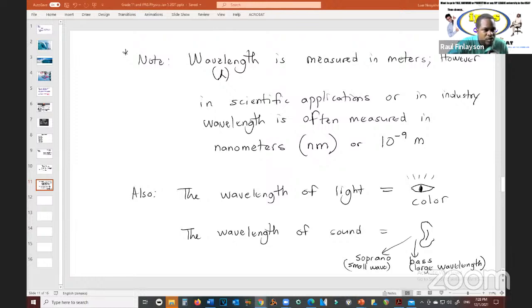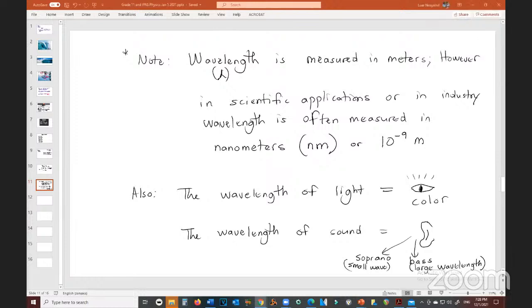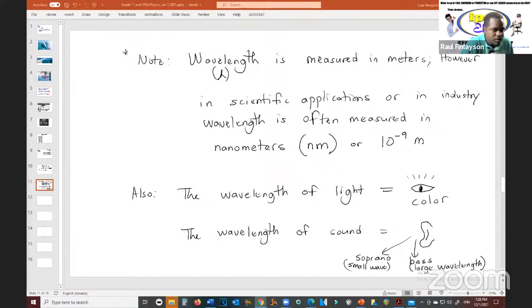So let's see if we can bring up that effect here. It's actually called the Doppler effect. All right, let's see. I'm going to show you a little image here in a sec. Now, as soon as it loads, all right, here it goes.